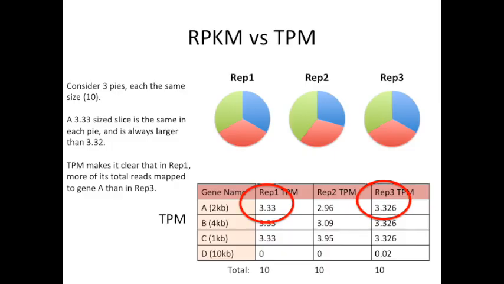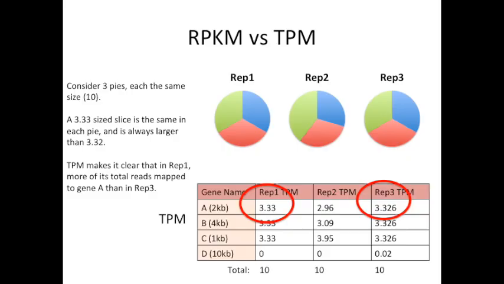For example, in gene A, in replicate 1, we see that the size of that slice is 3.33. This slice is larger than the slice in replicate 3, which is size 3.326. So the slice in replicate 1 is just a little larger than the slice in replicate 3.